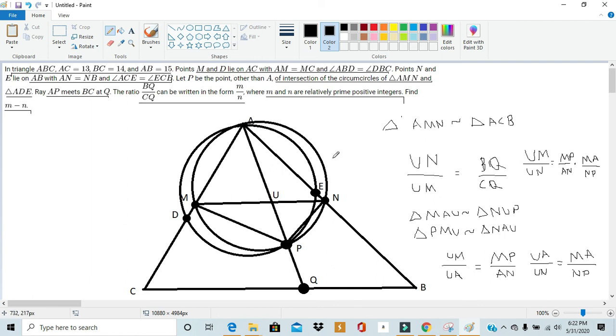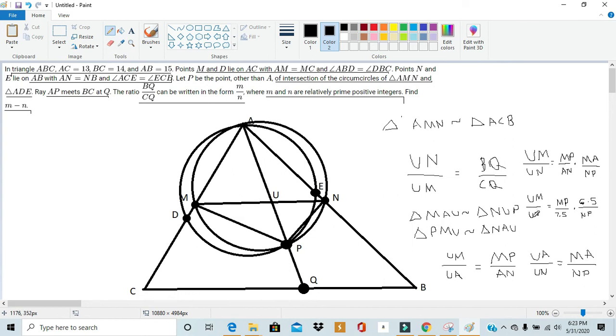So we would get that UM divided by UN would give us MP divided by AN, which we deduce to be half of AB, and since we know that AB is 15, half of that would give us 7.5, so AN is 7.5, and times MA over NP. Well, we know that MA is once again the midpoint of side length AC, and since AC has a length of 13, MA will have half that side length, so half of 13 is 6.5.